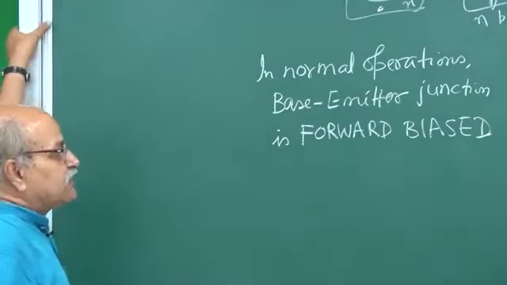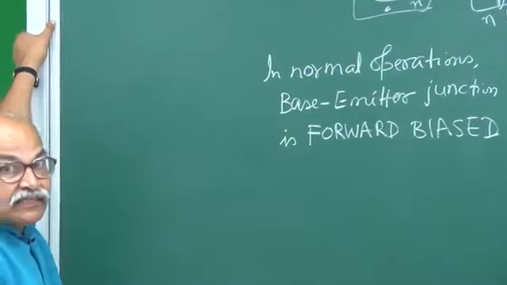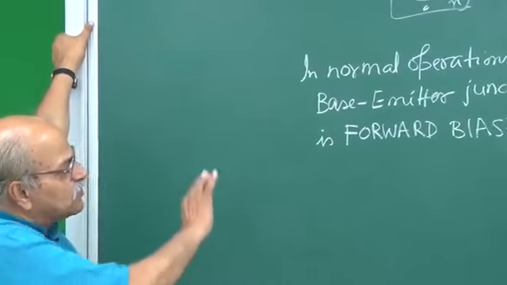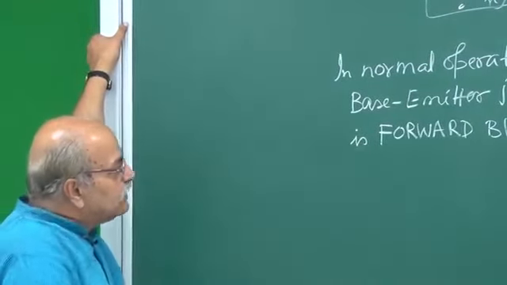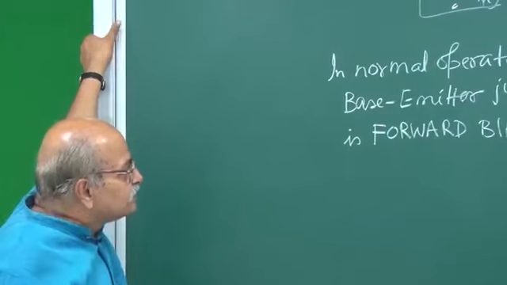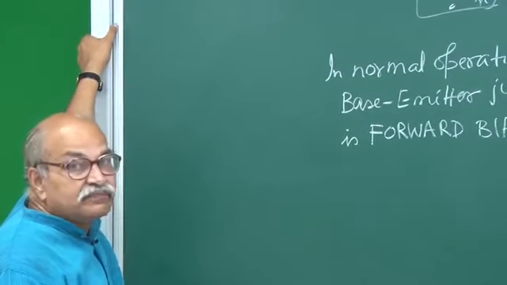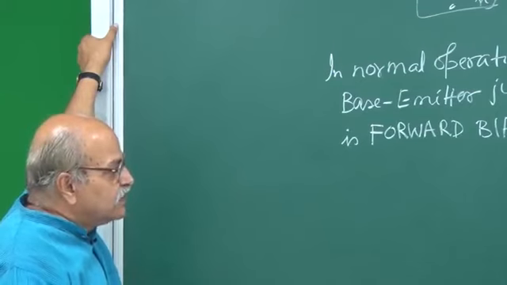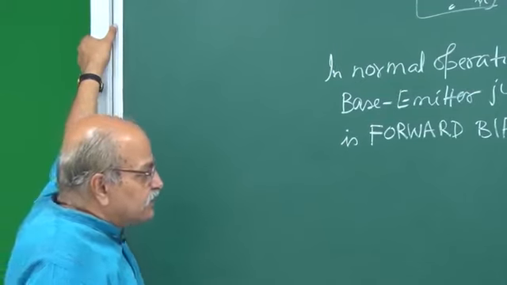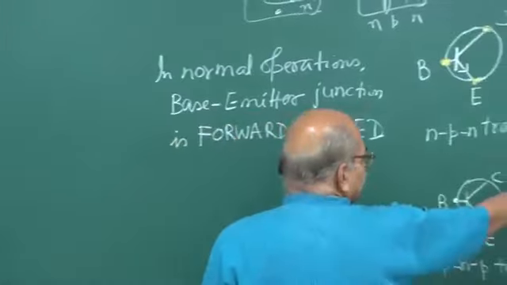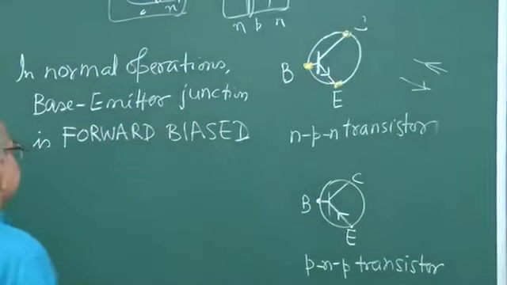The base emitter junction is forward biased in all kinds of applications that we will be using, and this is valid for PNP transistors as well as NPN transistors. So for both kinds of transistor, this is valid.